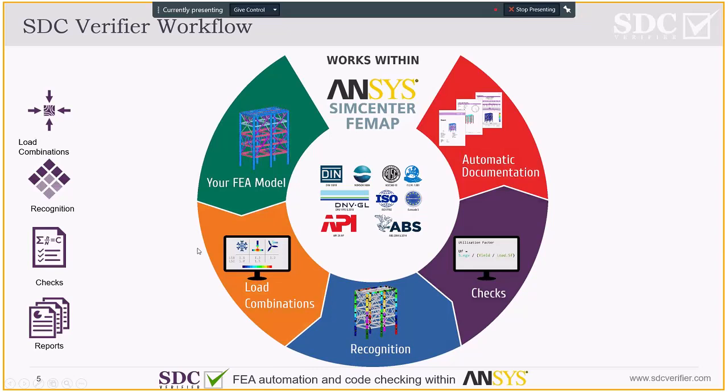This is what the workflow of SDC Verifier looks like. We take your finite element model, we do all the load combinations which are required for the code checking. We do the recognition of structural members, we do the code checking and formulas, and then we have the automatic report, automatic documentation.